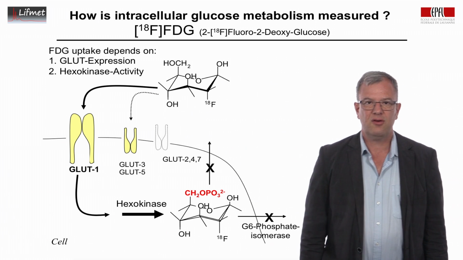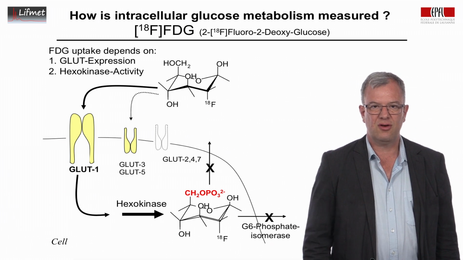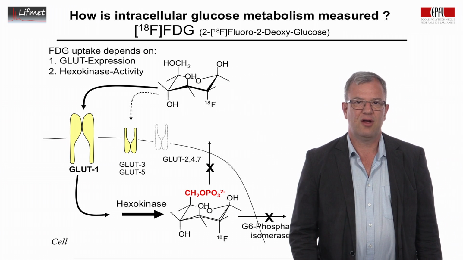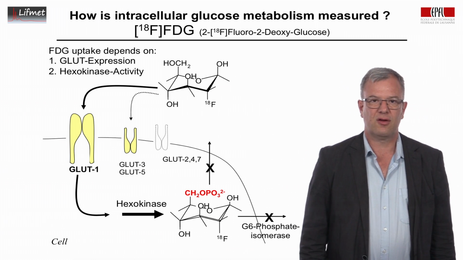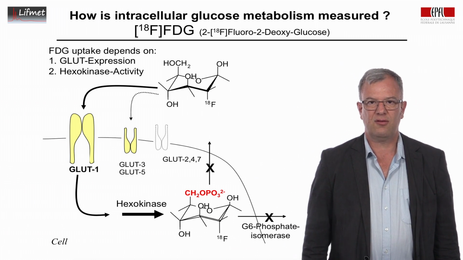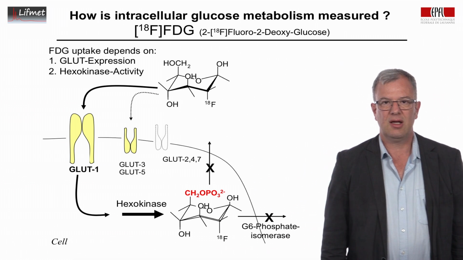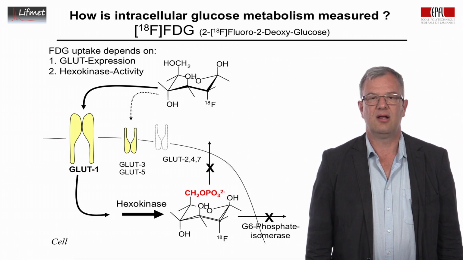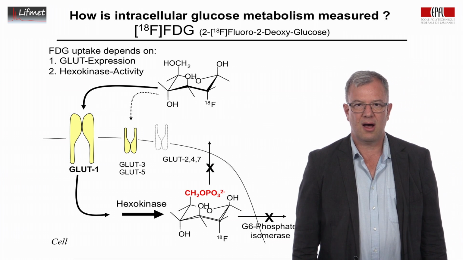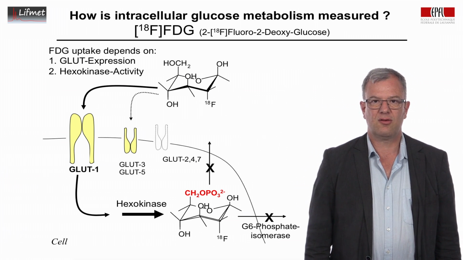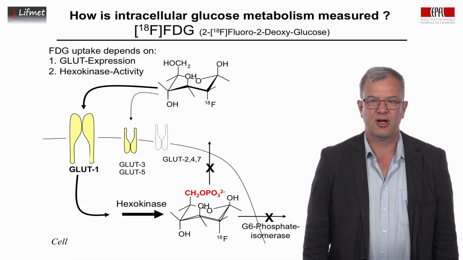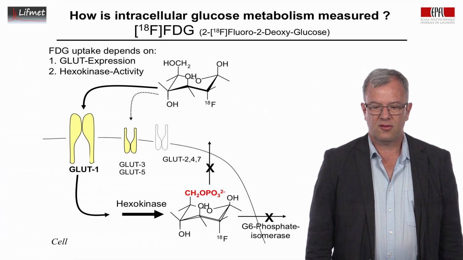So, in a first approximation and a simplification of the reality, fluorodeoxyglucose 6-phosphate or deoxyglucose 6-phosphate is now metabolically trapped inside the cell, and this is how FDG-PET or deoxyglucose methods measure glucose metabolism.